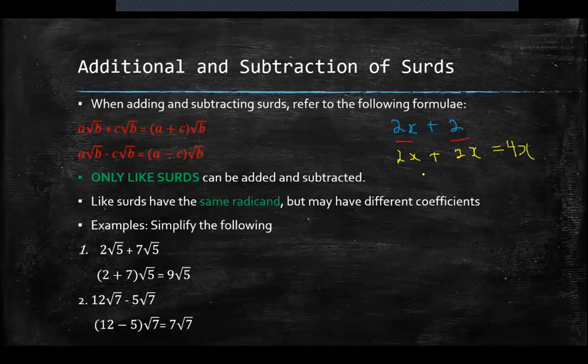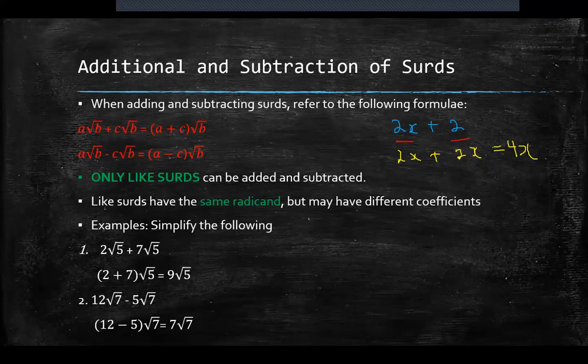So in algebra, these would be called like terms. Why? Because both of them have x. So these are called like terms, and I could add them or subtract them if I wanted to. But you see 2x and 2, these are not like terms. So I cannot simplify this any further. The answer would just be 2x plus 2. Everybody cool with that?